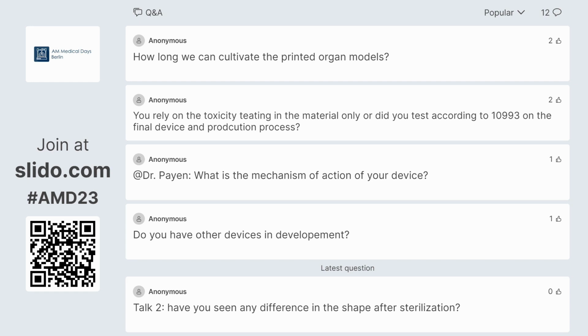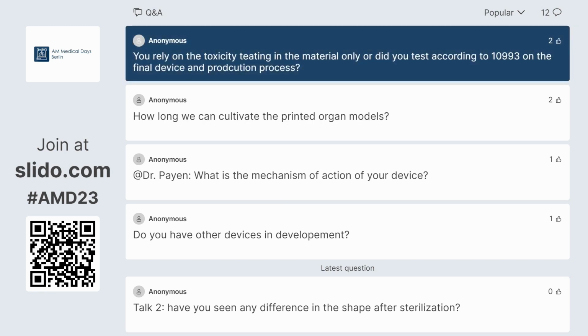Next question. Do you rely on the toxicity testing in the material only, or did you test according to 10993 on the final device and production process? I think this is a question for you.